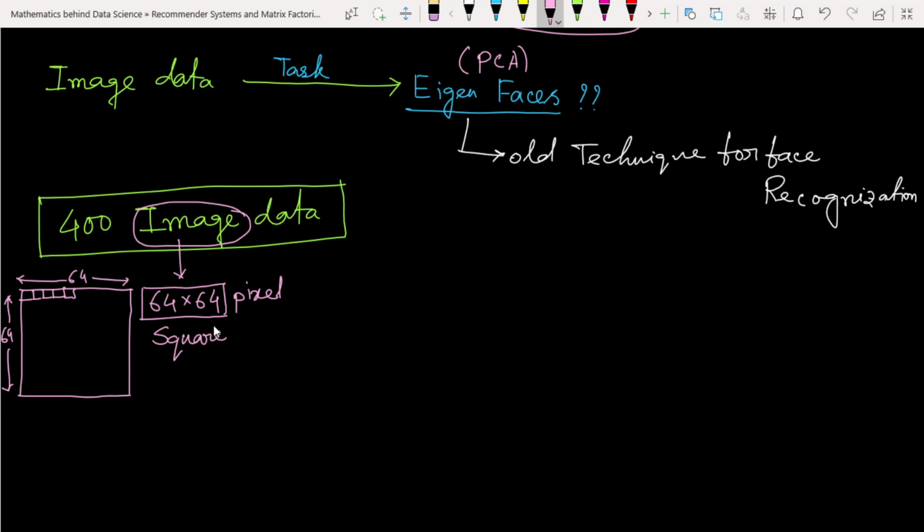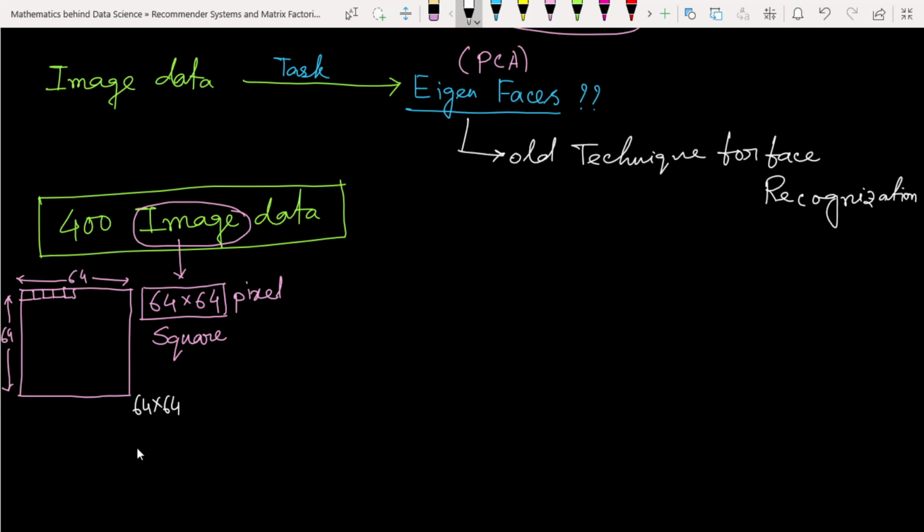First thing, it is a square image. So first we have to convert this image into a vector format, then we can apply the technique. Now let's see how to convert this image to a vector format. The image size is 64 cross 64.